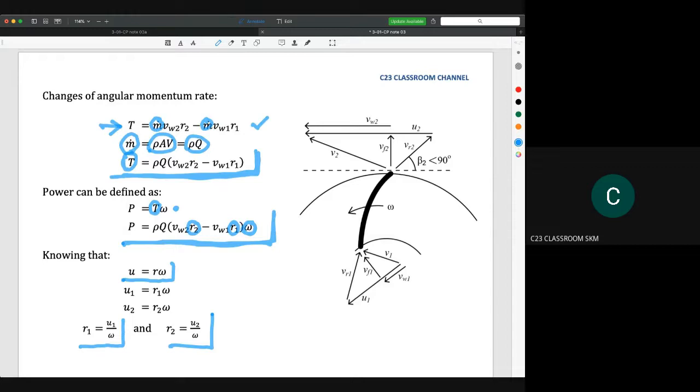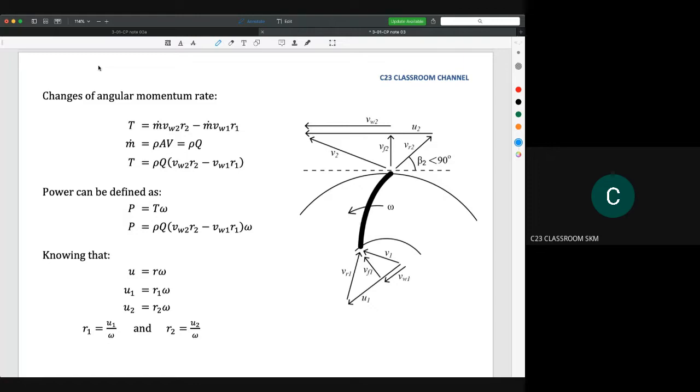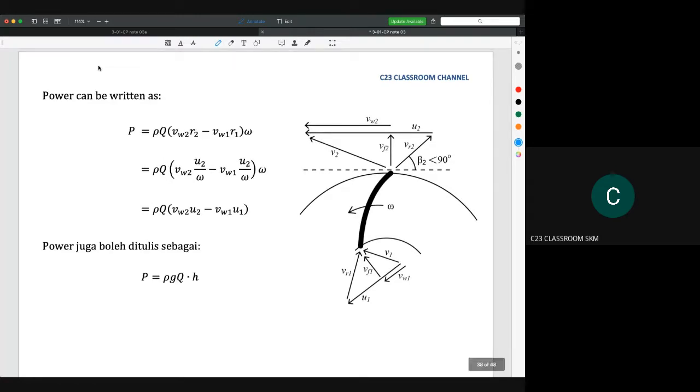Then we replace these values into this equation. After you write that, you could simplify the power: P is equal to rho Q (V2 U2 minus V1 U1). This is the first equation that we get from this calculation.